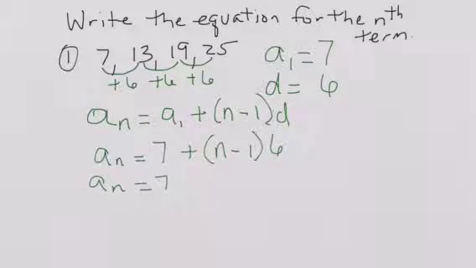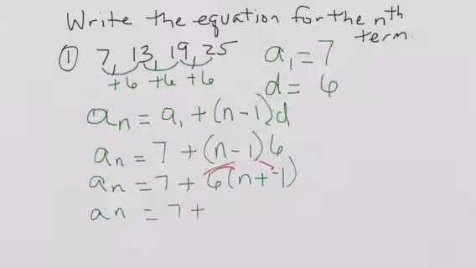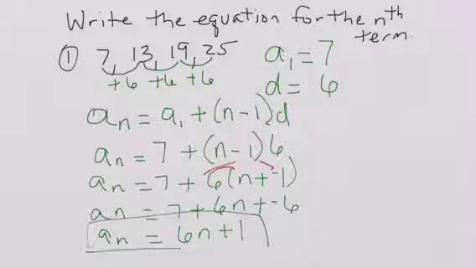An is equal to 7 plus 6 times n plus -1, add a line, change the sign. Now we're going to go ahead and rainbow. So we're going to have An is equal to 7 plus 6n plus -6. We're going to combine like terms, so An is equal to 6n plus 1. And that is our equation.